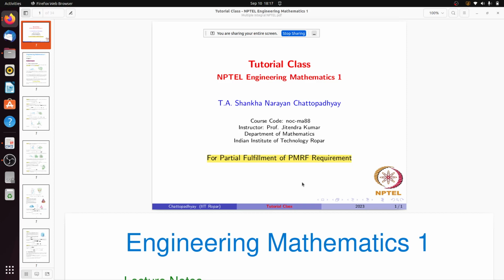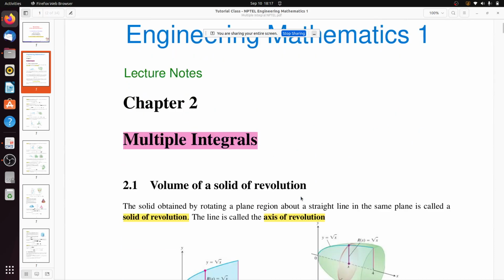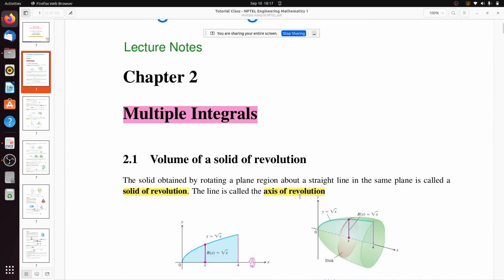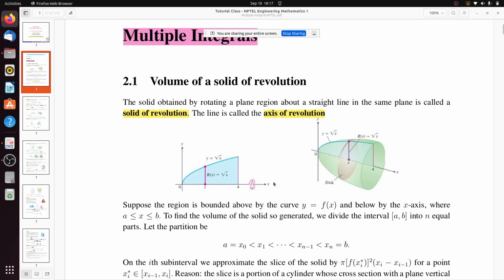When we do integration of functions of 2 variables, we will encounter double integrals, and when we integrate functions of 3 variables, we will mostly encounter triple integrals. First we will go through some basic concepts about multiple integrals.